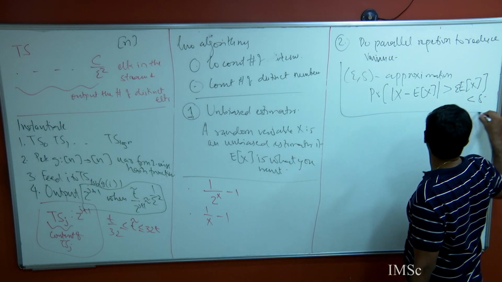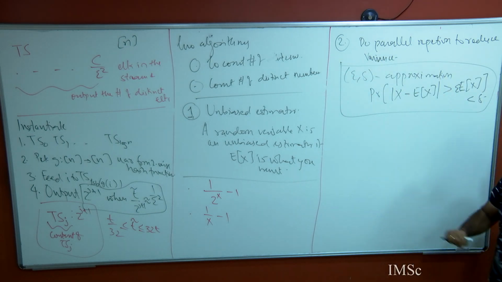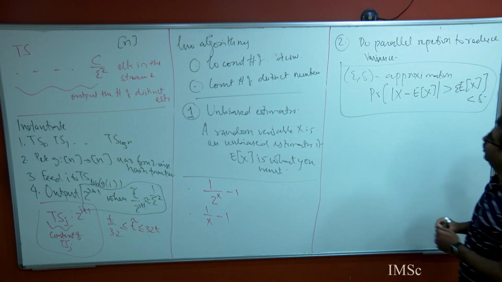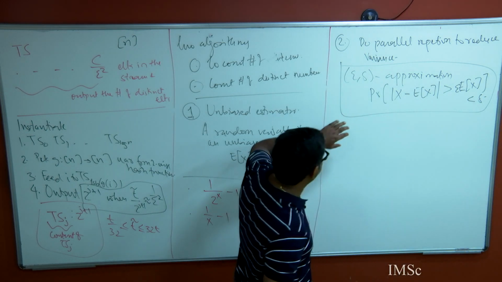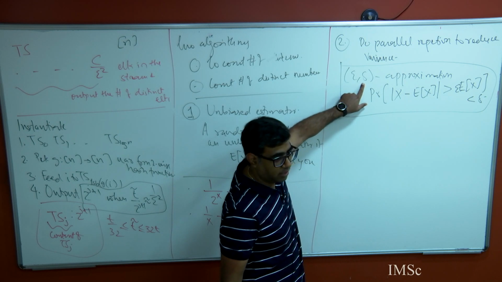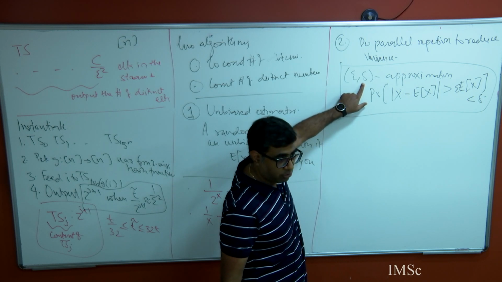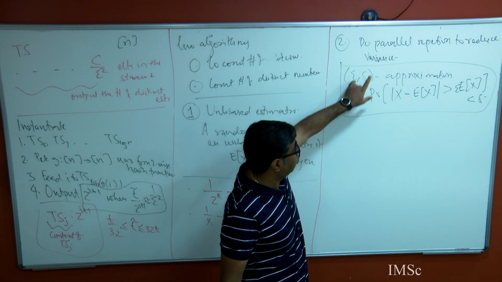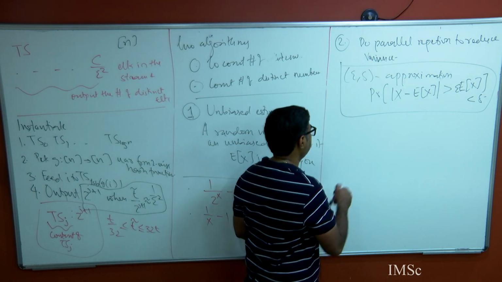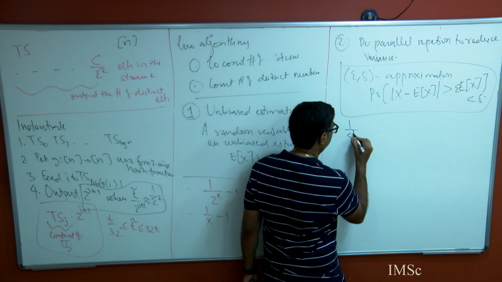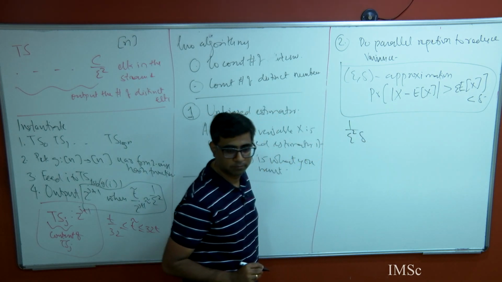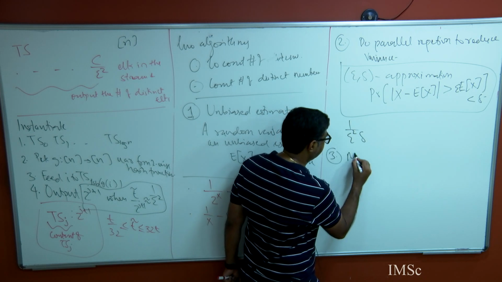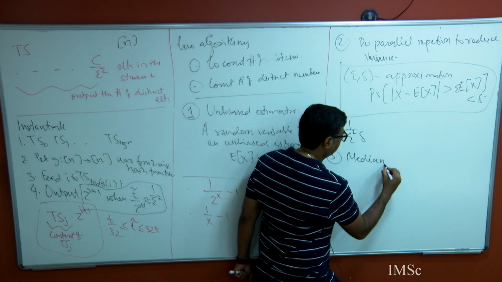So what do we achieve in the second step? When we do parallel repetition, we are able to achieve both epsilon and delta, but the dependency becomes 1 over epsilon squared delta, okay? Then we applied the median trick. What did we do?